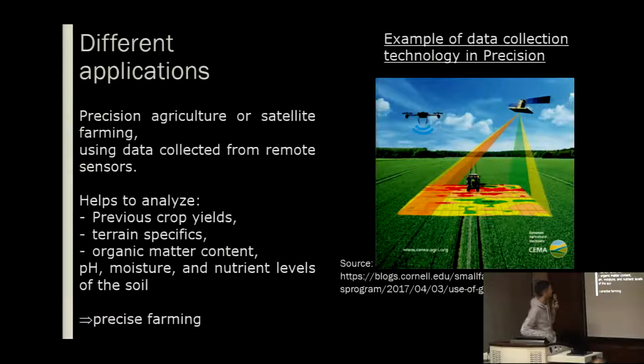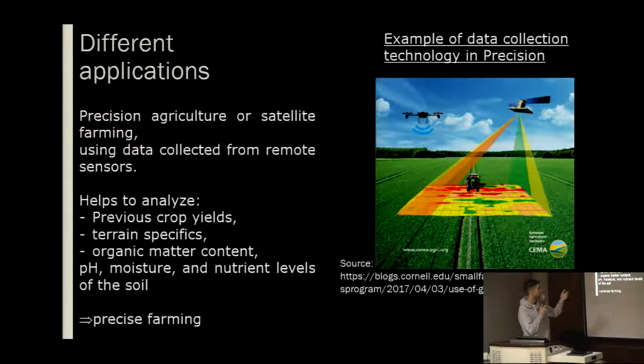So this is another example about GIS. So we can use it to collect data. So we can use, for example, drones or satellites, or even other ways like going on the field to collect other samples and data.